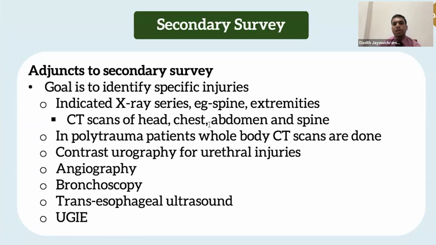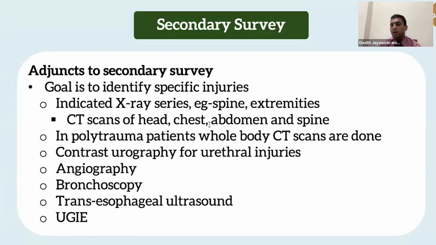So if indicated, a full X-ray series, of the spine, extremities, chest, abdomen, anything, cervical spine, CT scan of the head, chest, abdomen, spine. In polytrauma patients, whole body CTs are done. The entire body is scanned head to toe in polytrauma patients, because there are so many injuries.